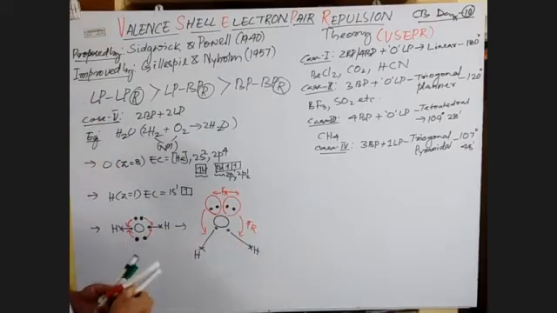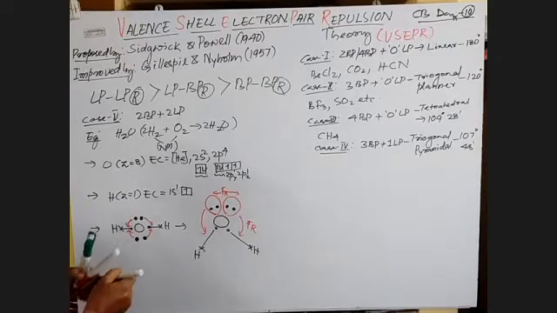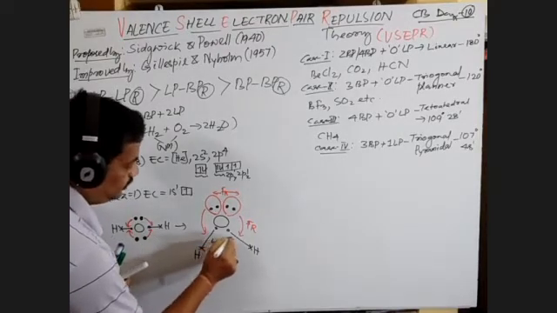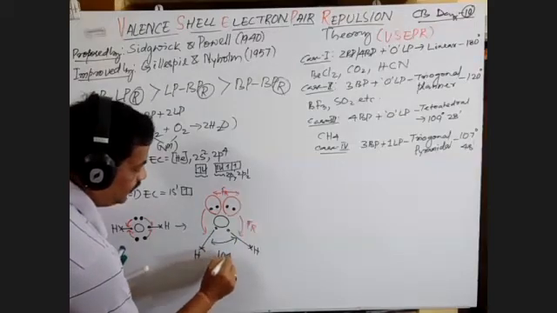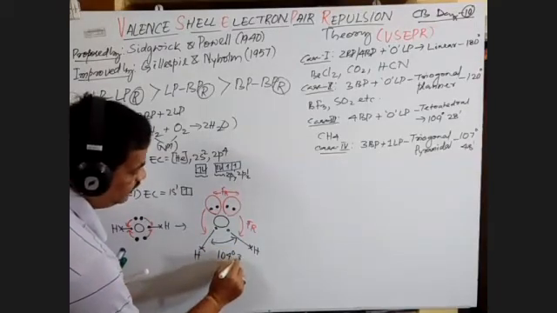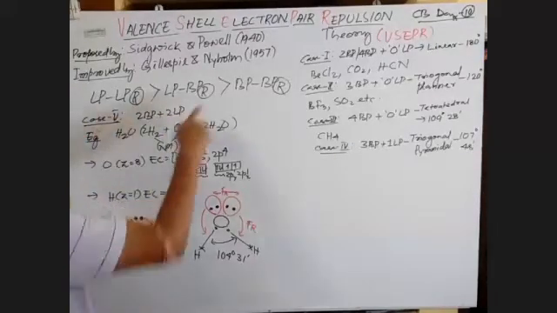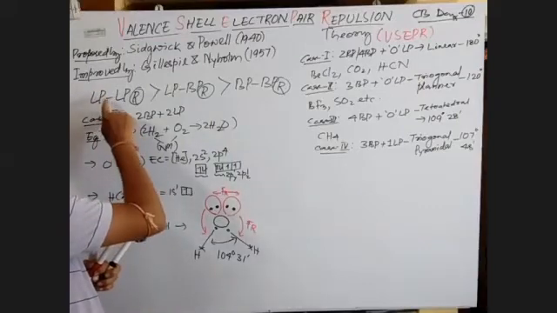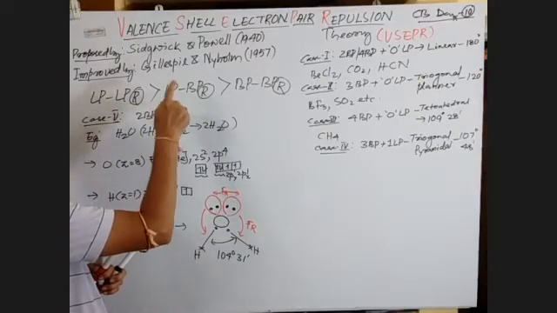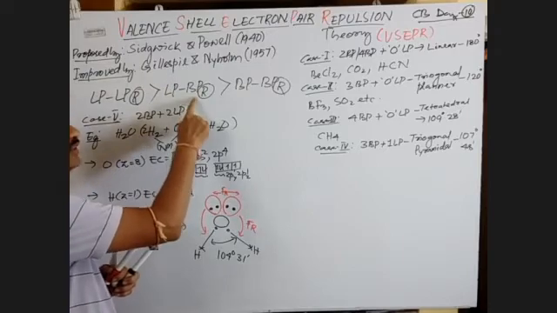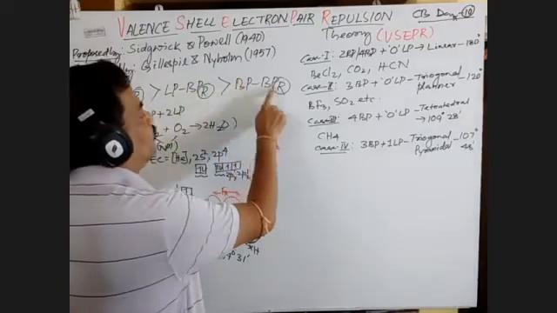So that's why the bond angle further decreases. To how many degrees? Now this will be equal to 104 degrees 31 minutes, because of these conditions. What are the conditions? Lone pair-lone pair repulsion is greater than lone pair-bond pair repulsion, which is greater than bond pair-bond pair repulsion.